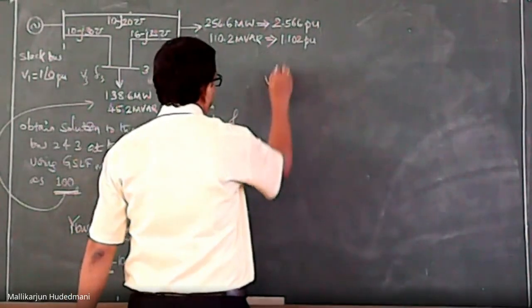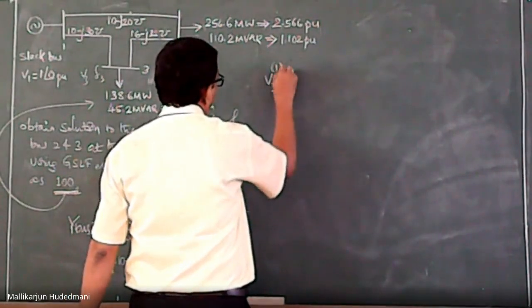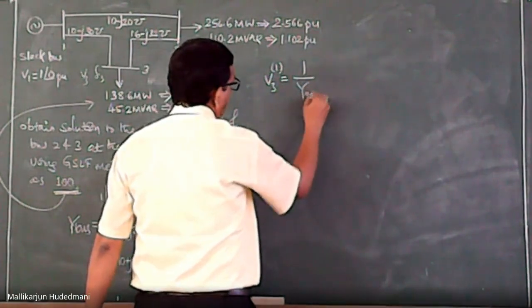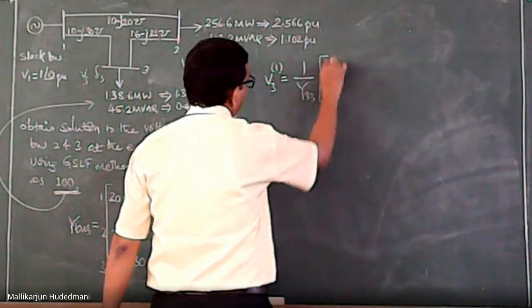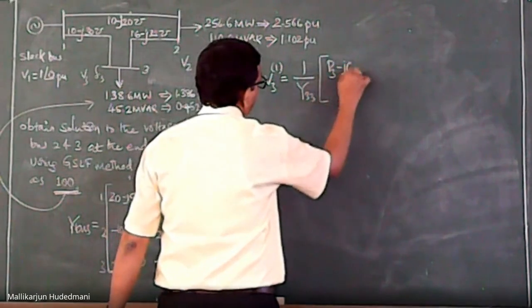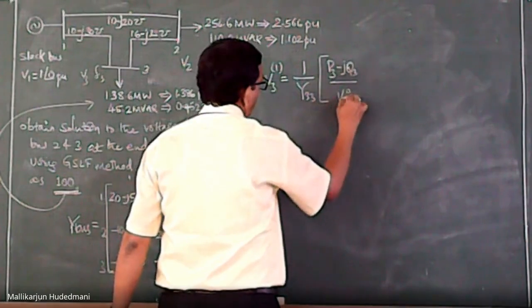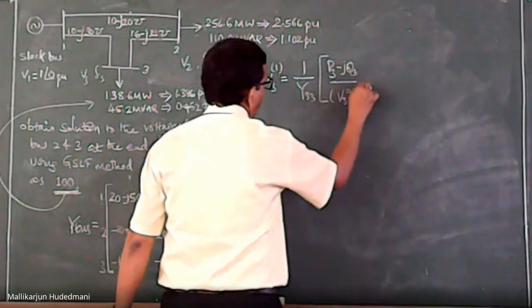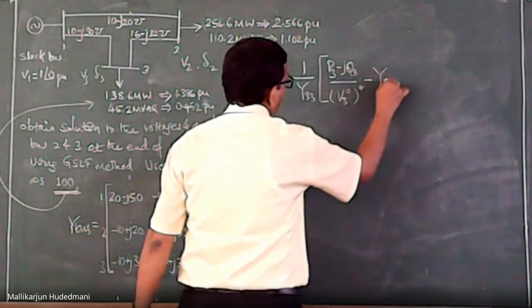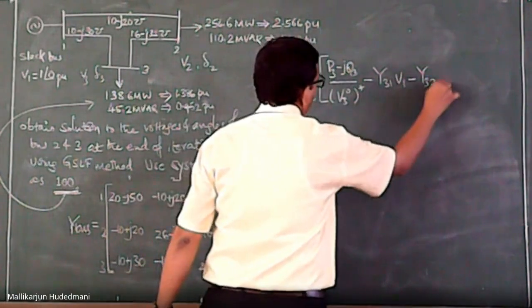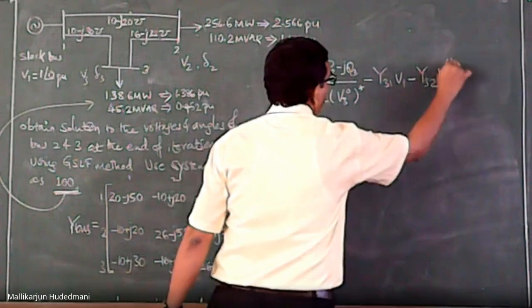So I write V3(1) equal to 1 by Y33 inside the bracket, (P3 minus jQ3) over V3(0) conjugate, minus Y31 V1 minus Y32 V2(1).